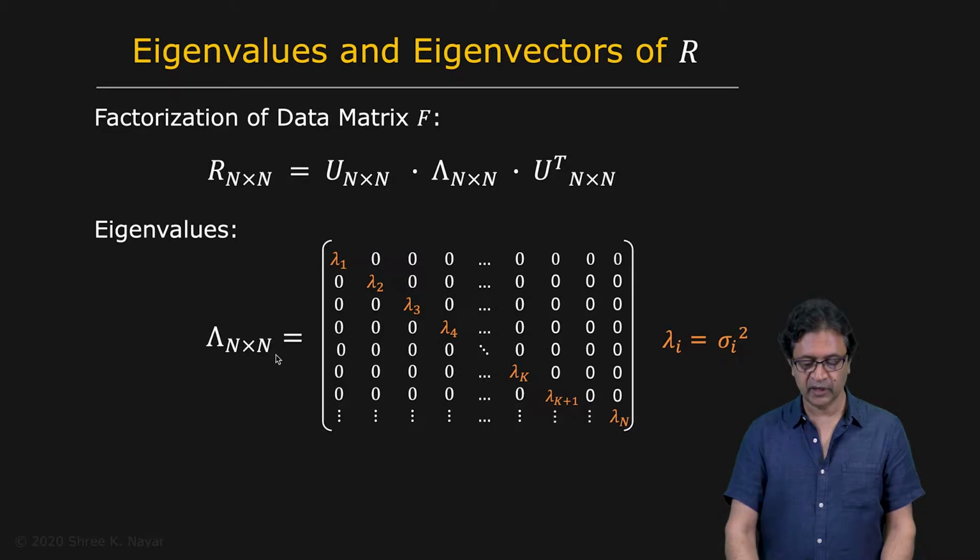Lambda is an n by n matrix, and it remains a diagonal matrix where the diagonal elements are now small lambda i, and each small lambda i is just the singular value of F, sigma i squared. So that's it. And these are again non-negative numbers, in descending order of magnitude, just like the singular values. And in fact, these are exactly the eigenvalues of the covariance matrix that we are looking for.